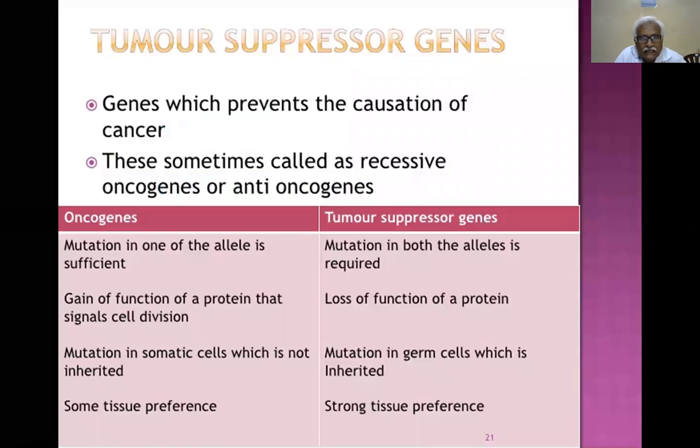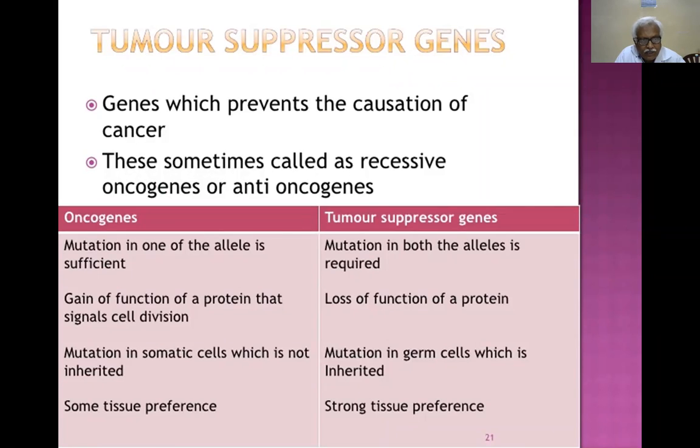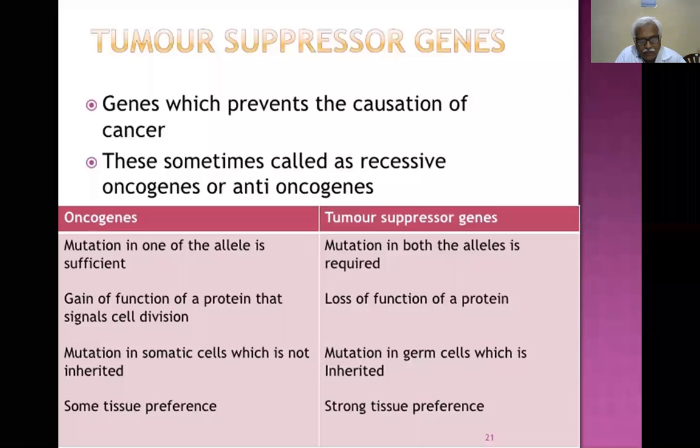So, tumor suppressor genes, this is most important, you should try to remember these things. Genes which prevent the causation of cancer are known as tumor suppressor genes. Sometimes they are called recessive oncogenes or anti-oncogenes. For oncogenes, mutation in one of the alleles is sufficient, but for a tumor suppressor gene, mutation in both alleles is required.